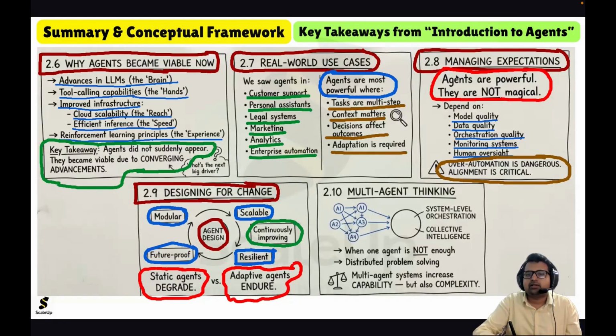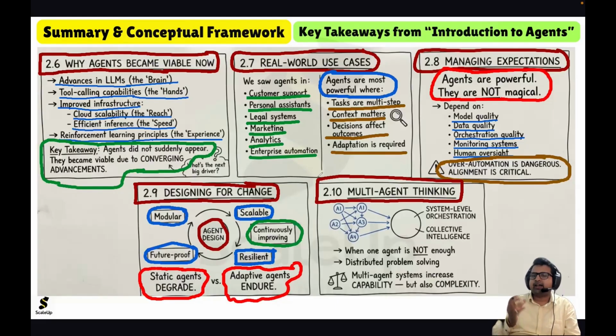Then in this module, we also discussed multi-agent thinking, wherein we shifted our focus from single agent architecture to multi-agent systems, with multiple agents working together, collaborating, and coordinating with each other. We also saw that in multi-agent systems, orchestration is very important, and orchestration should be system level.